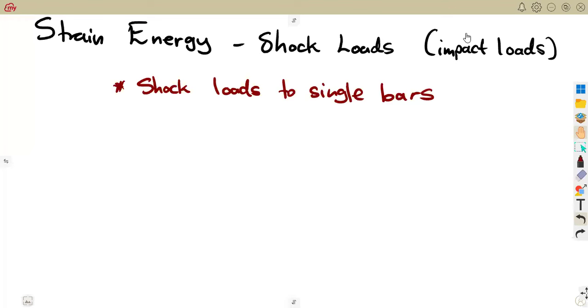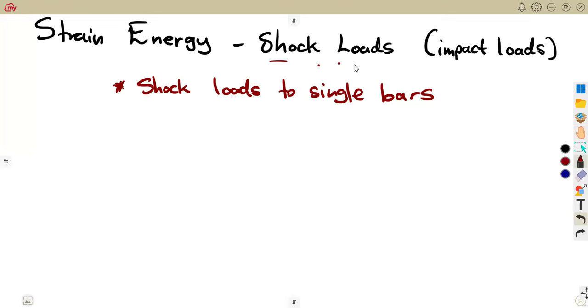So in our previous class, we referred to the strain energy. We are still on strain energy, but that was working with suddenly applied loads. In this case, we are going to notice that we have shock loads.